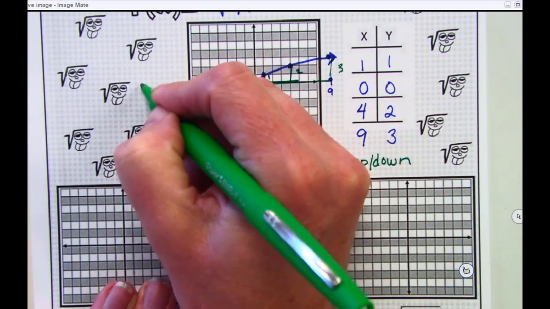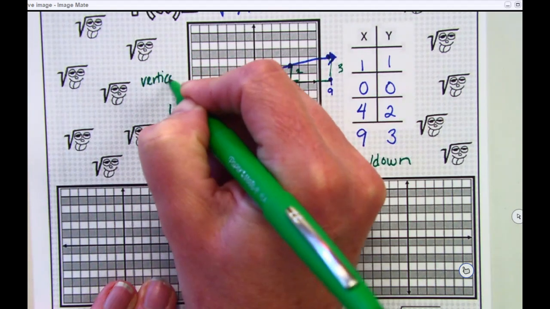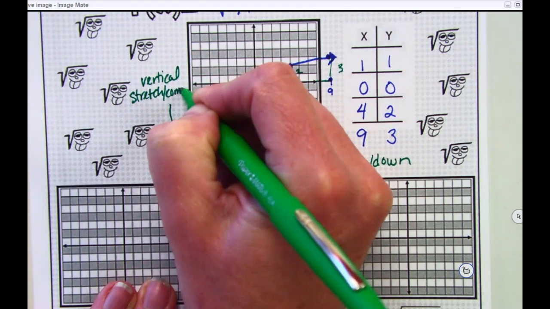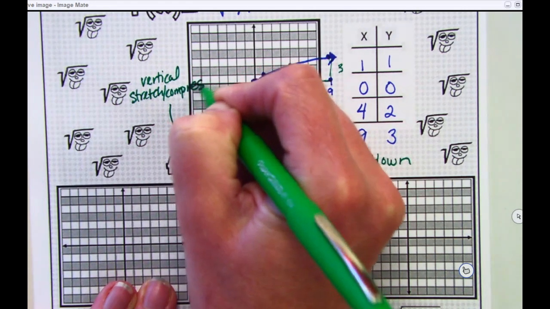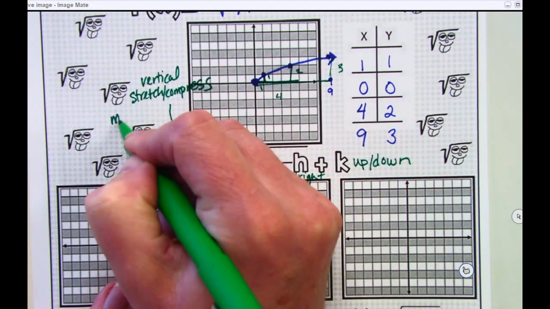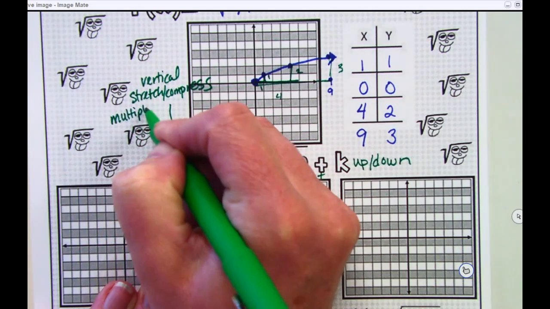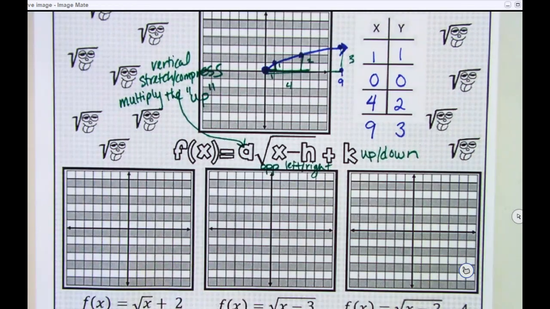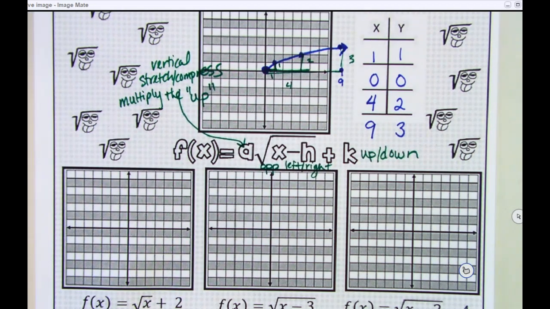Yeah, we've got a vertical stretch or compress. And I say multiply be up, is what I like to do. We'll talk about that in a second. You did really well with it in absolute value, so I anticipate this is going to be just as easy.